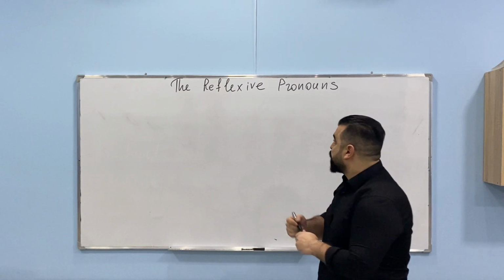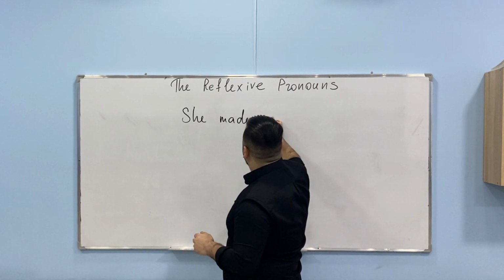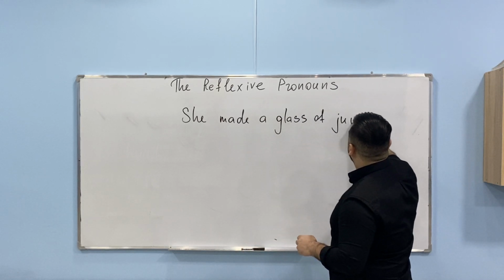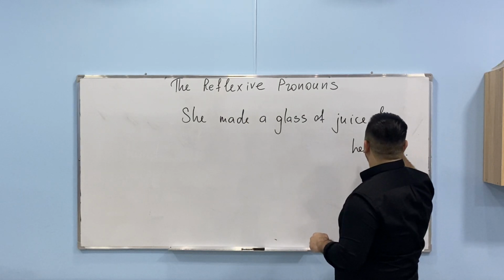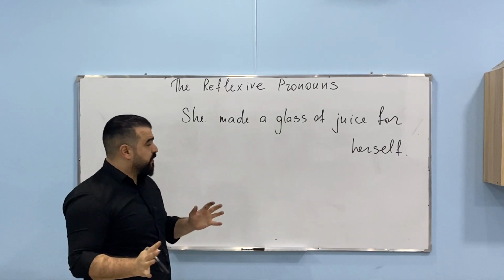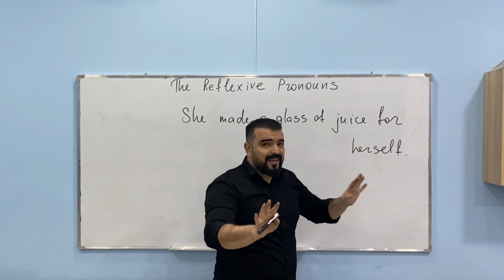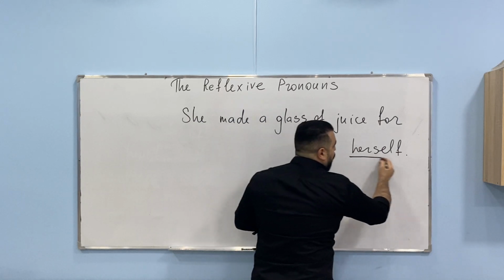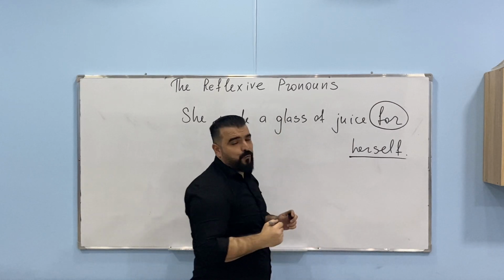For example, she made a glass of juice for herself. Here, who made the juice, a glass of juice? She. For whom? For herself. Again, the subject and the object are the same, but here herself comes after a preposition, the preposition for.